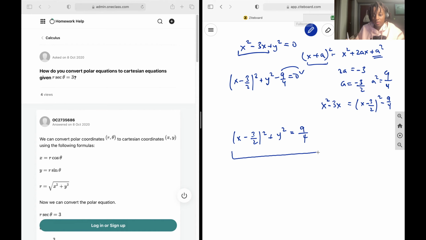So this would be describing some form of a circle with this as your radius, if you just remember the general equation, x squared plus y squared is equal to r squared. That's it.